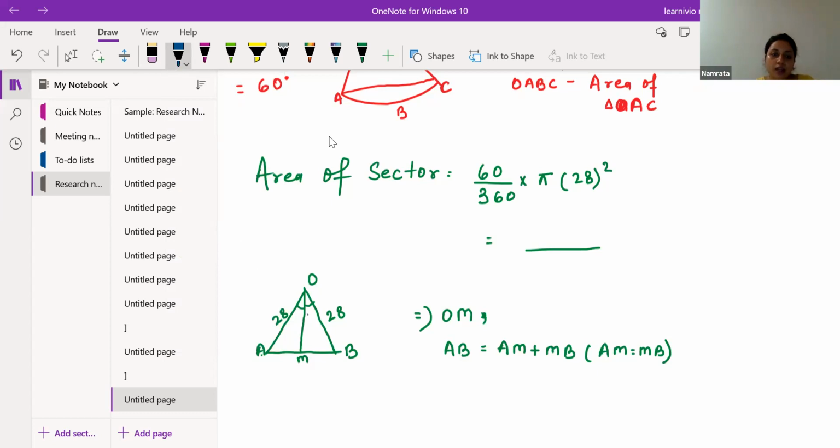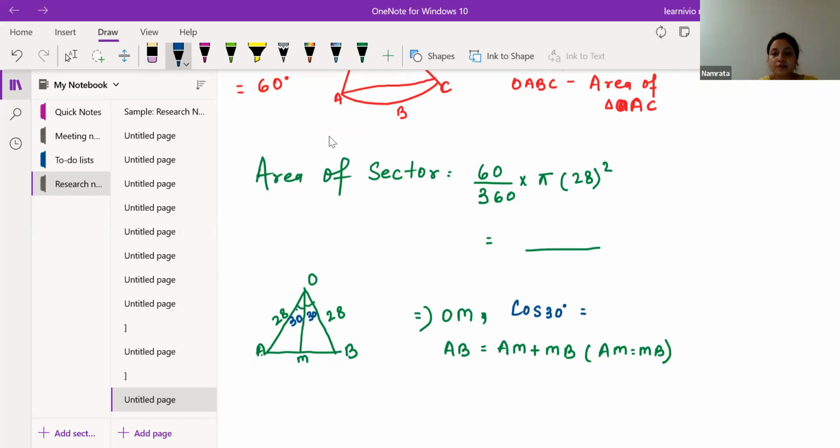Can we say this angle is 30? This is also 30 because total was 60, right? So which trigonometric ratio can be used to find OM? Can I take cos 30?